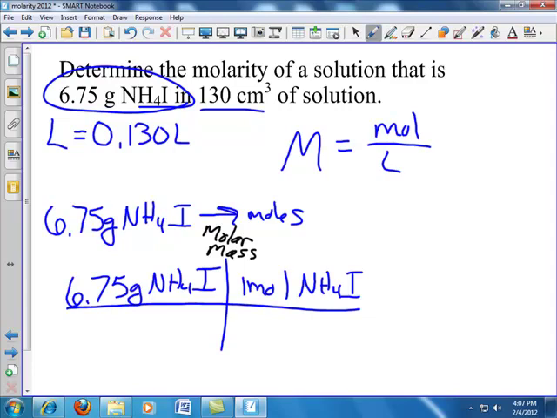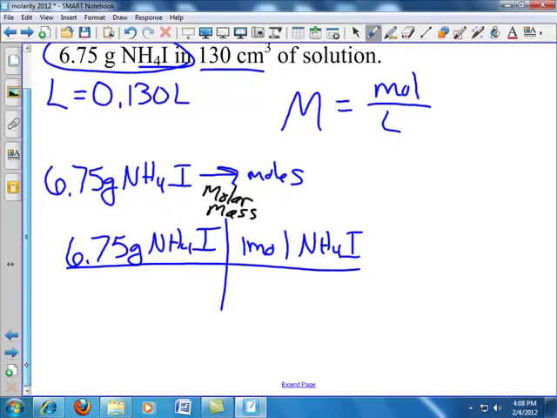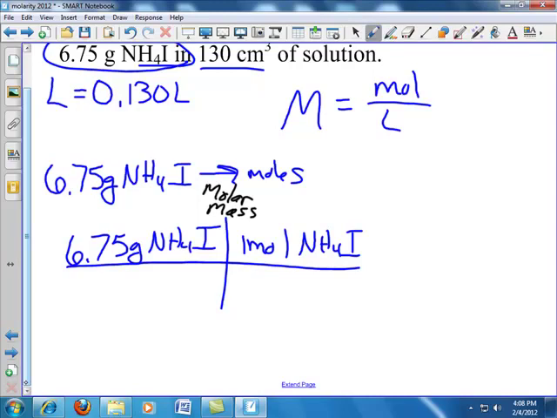So now, what am I doing? Okay. In my calculator right now, what I'm doing is I'm looking up nitrogen, okay, and I'm typing 14 because that's the molar mass of nitrogen. I look up hydrogen, which I know is 1. I have 4 of those, so I'm going to add 4. So I have 14 plus 4 in my calculator.